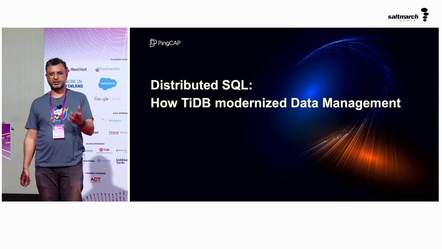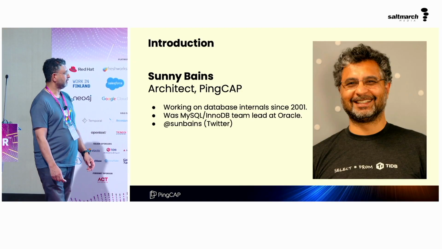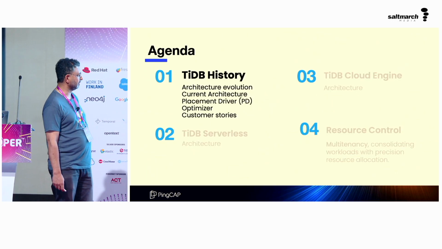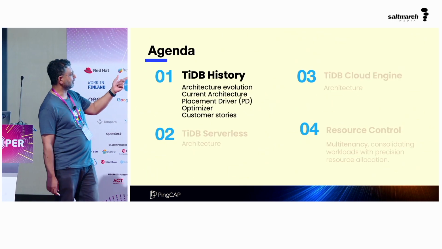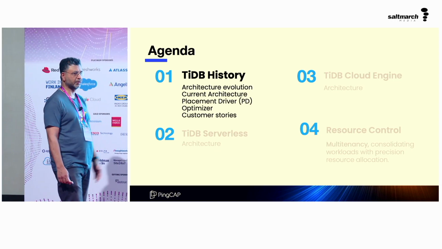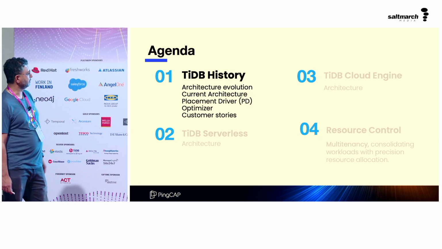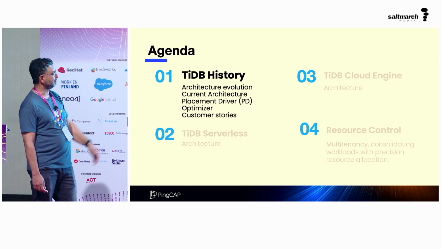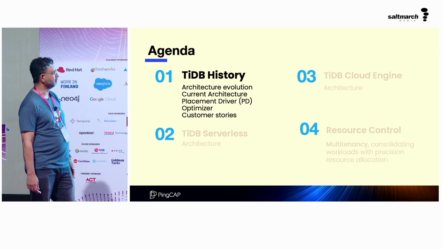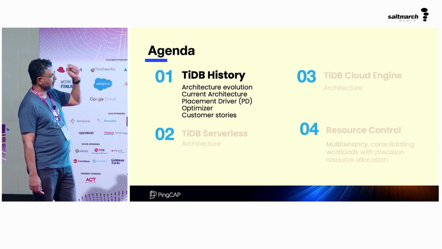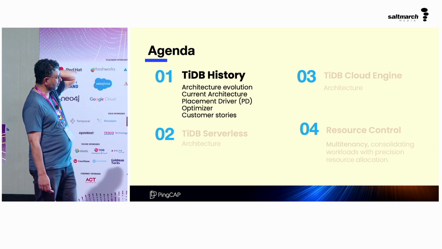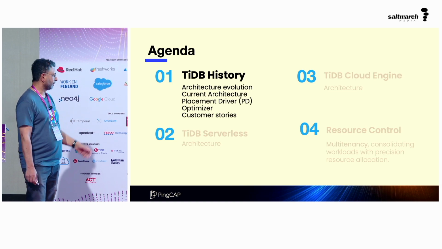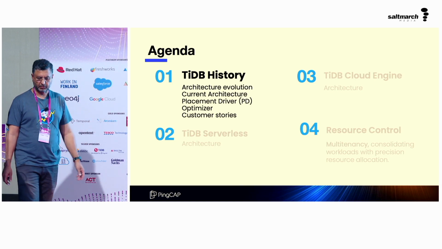So I will focus on these two things, with a little bit of the history. We can skip this slide. These are some of our existing customers. We can skip this. I'll talk about the history, the evolution of the architecture, and some details about the components. Then we will move on to how it's still evolving, and how we have another offering called TiDB Serverless.